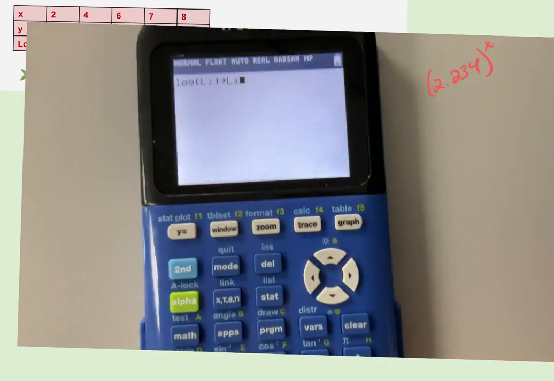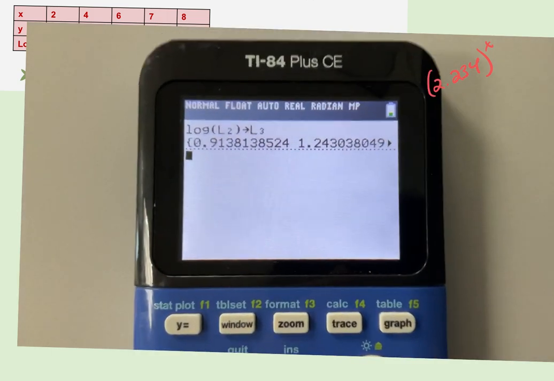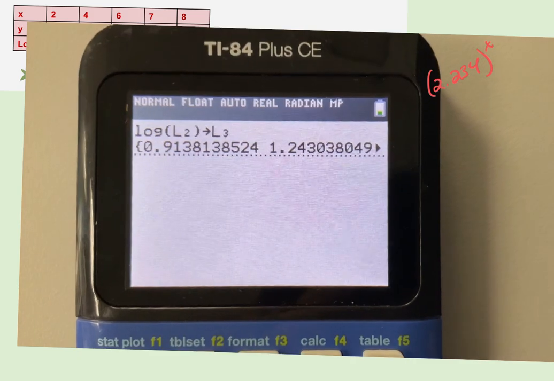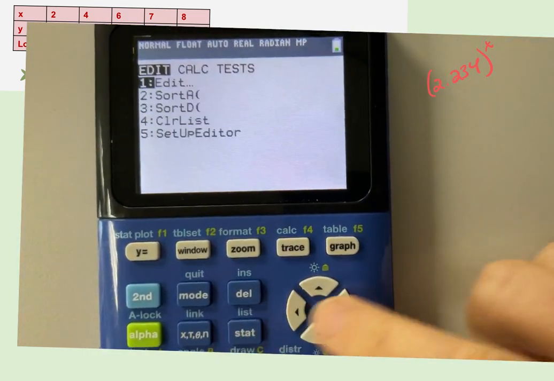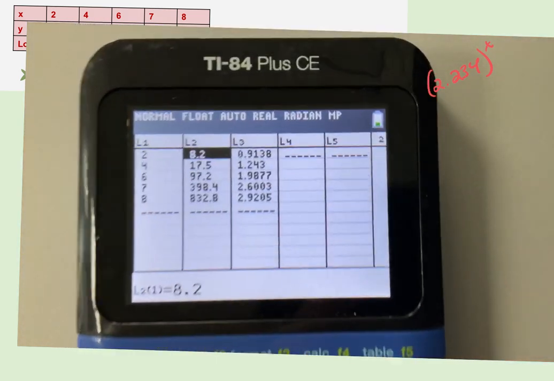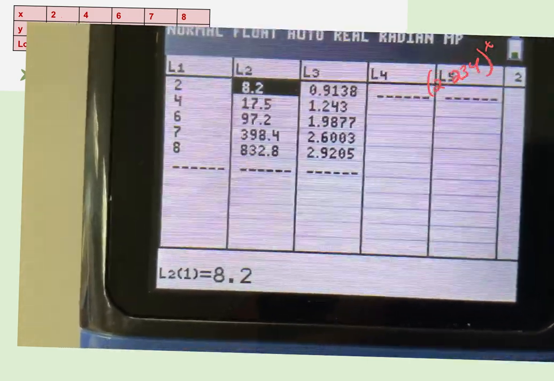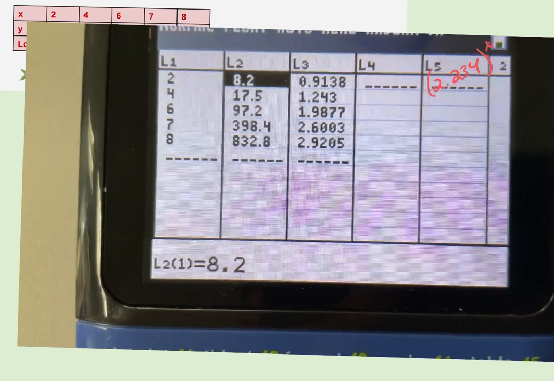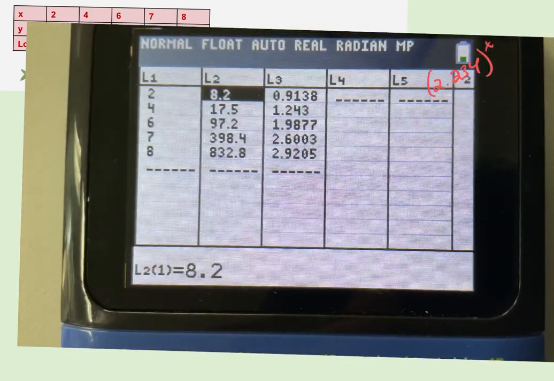So I do second stat, and I want to log list 2. That's the y values from my initial one. I'm going to close my parentheses because I not only want to do that, but I want to store those values. And to store, we go to store, arrow on the bottom, there. I'm going to hit store, and I want to store it in list 3.